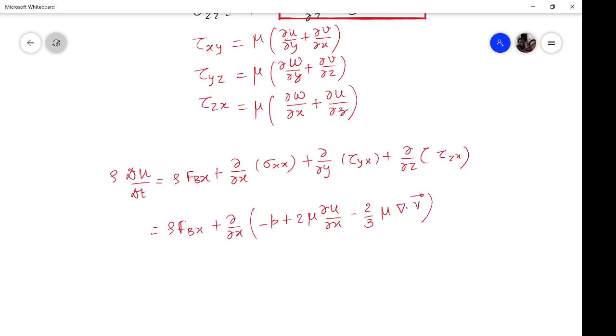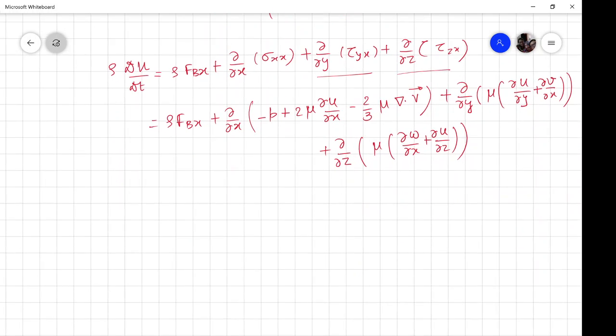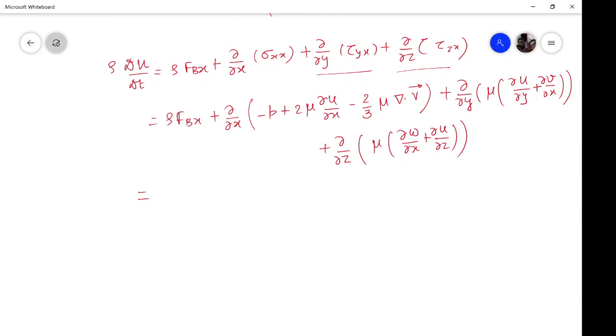Okay, and then the second term, that is del by del y of mu times del u by del y plus del v by del x. And the last term, that is del by del z of mu times del w by del x plus del u by del z. So slightly arrange these terms.